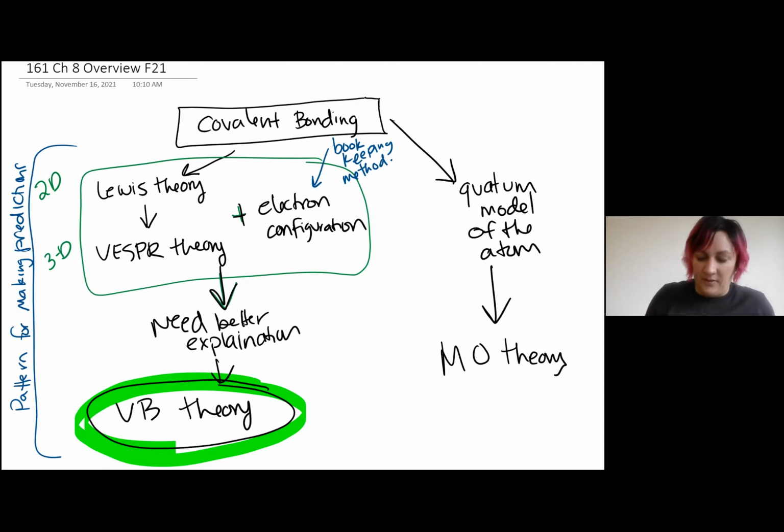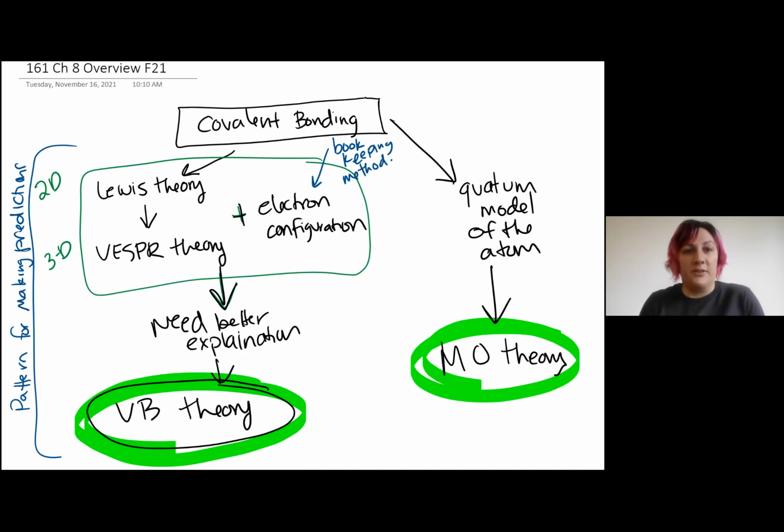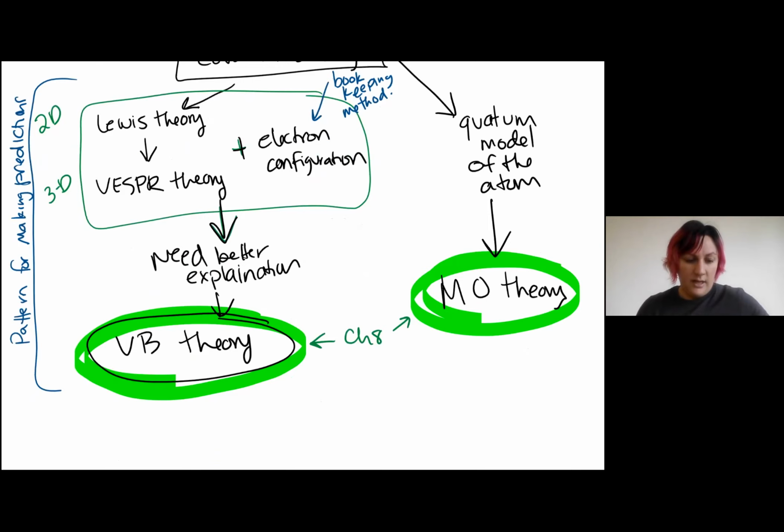And this will be the other thing that we focus on in Chapter 8. So Chapter 8 is really giving us two different advanced bonding theories, and we have a foundation for both of these, but they are doing fundamentally different things. So I'm going to give a quick overview of each of these. And again, for more detailed information, please watch the lecture videos.